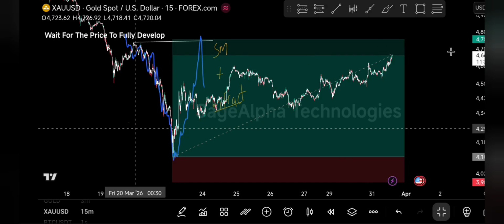Good luck and good trading. Stay consistent, stay fruitful with your trading journey, and learn fractals. Fractal geometry is your key to success in the trading world.